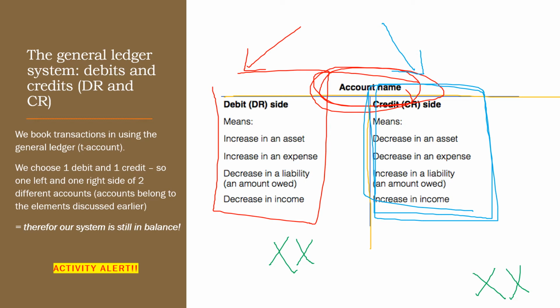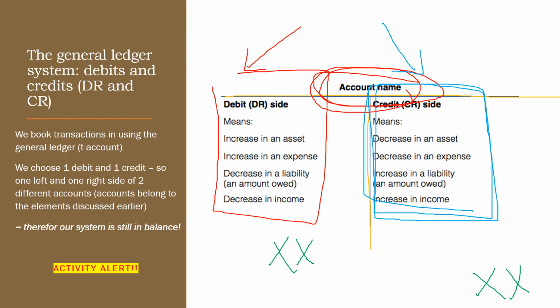Okay, those amounts are the same. So I used 100,000 Rand earlier as an example. So I'll have 100,000 Rand on the left of an account and I will have 100,000 Rand on the right side of an account. Okay, that's two entries. So one left, one right.